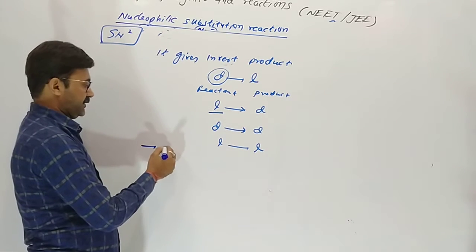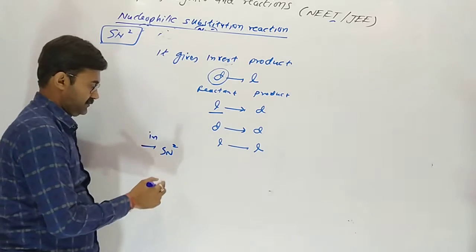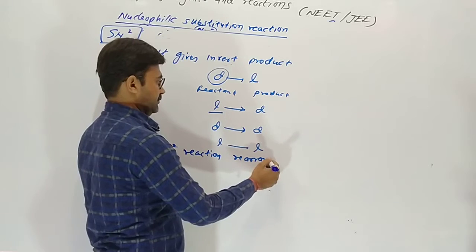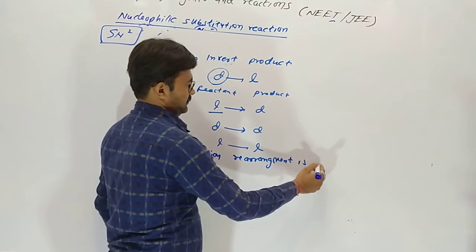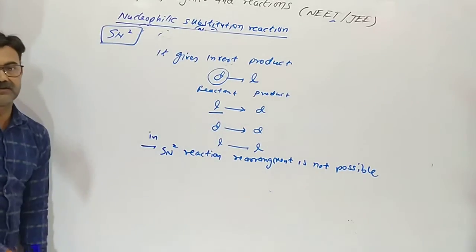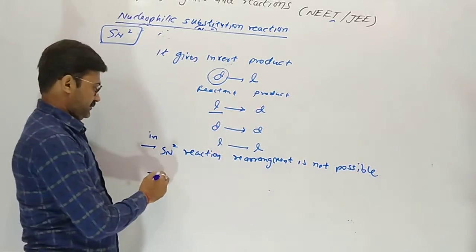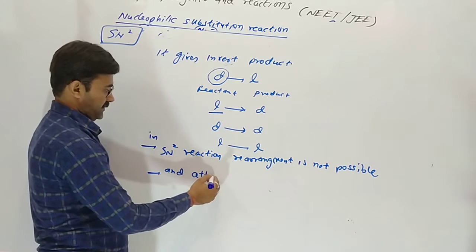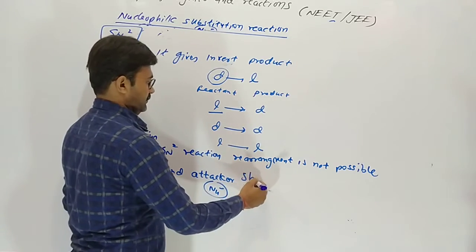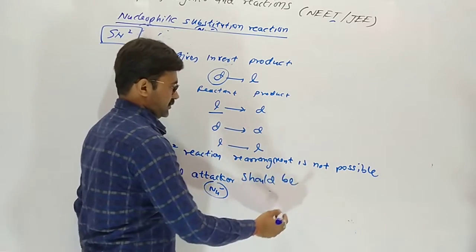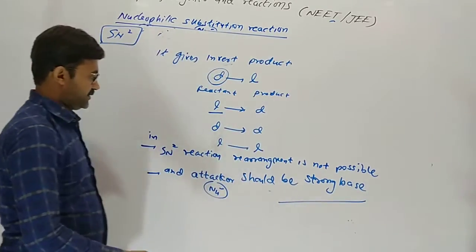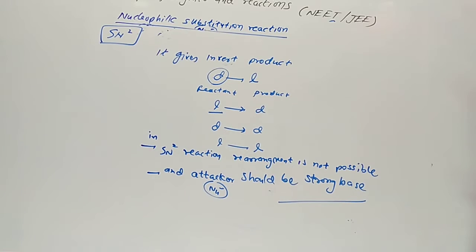Here, there is no rearrangement. In SN2, rearrangement is not possible, and the attacker, the nucleophile, should be a strong base, so that it gives the SN2 reaction.